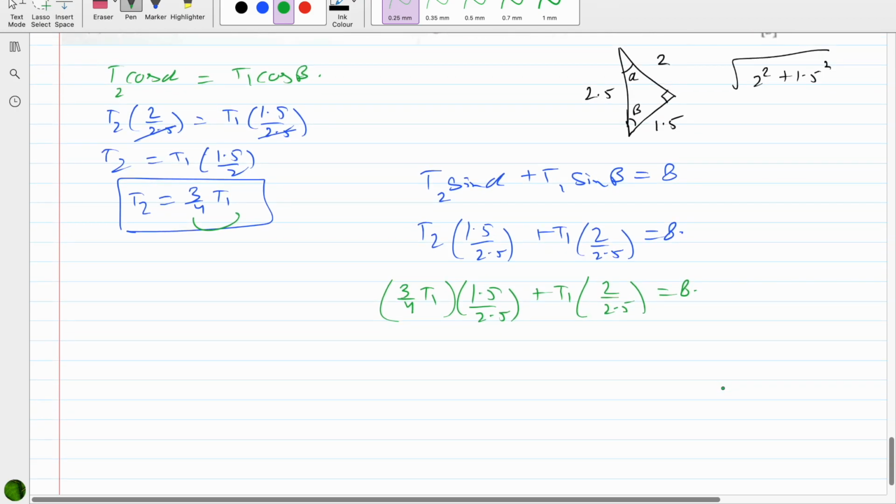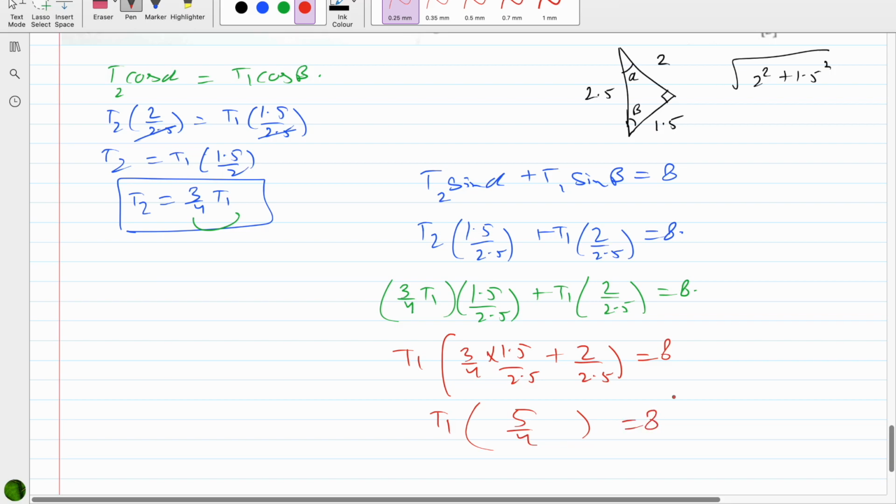Taking out T1 as common, 3 by 4 into 1.5 by 2.5 plus 2 over 2.5 equals 8. Using calculator, 3 by 4 into 1.5 by 2.5 plus 2 by 2.5 is 5 by 4, equals 8. 8 into 4 by 5 is 32 by 5, 6.4.